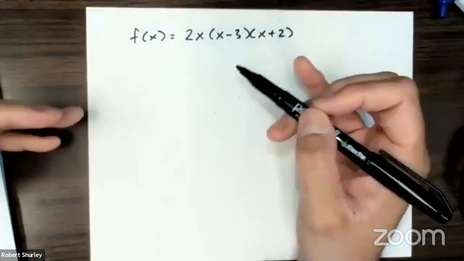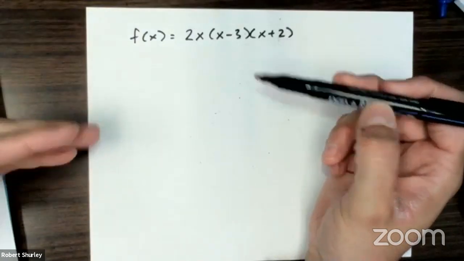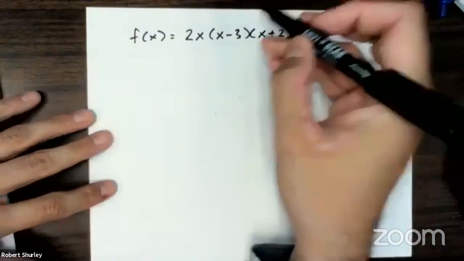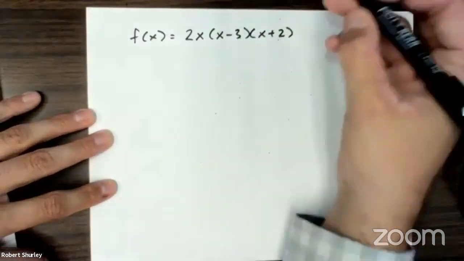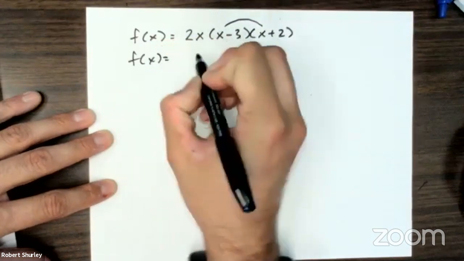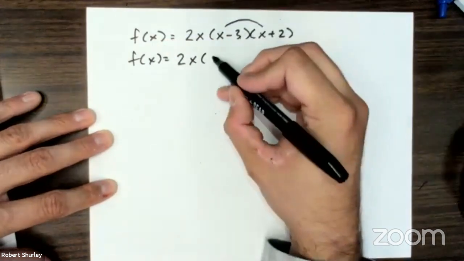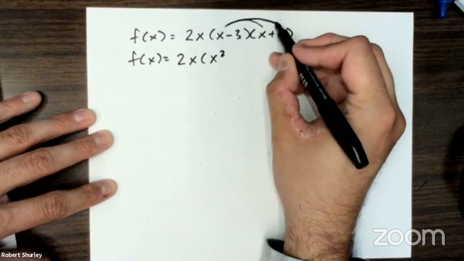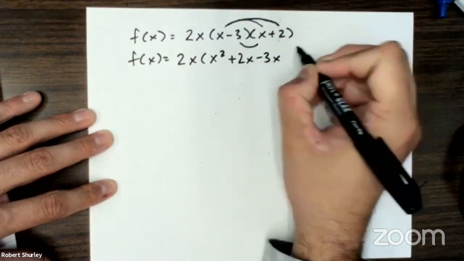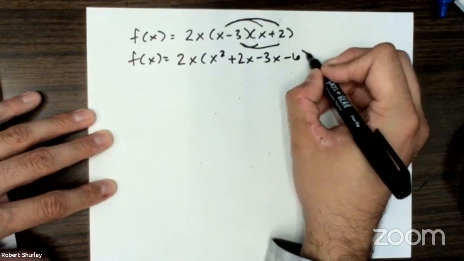If we FOIL this out, we'll get it into what we traditionally see with a polynomial. So I'm going to FOIL these two together. f of x equals 2x times x squared plus 2x minus 3x minus 6.